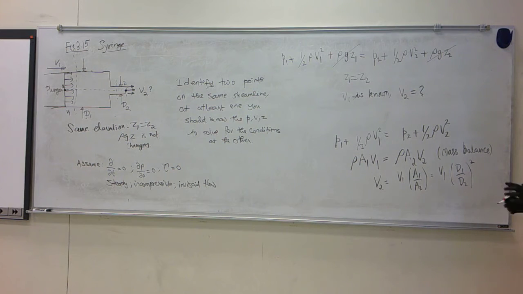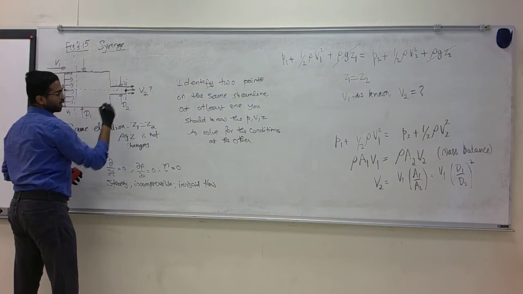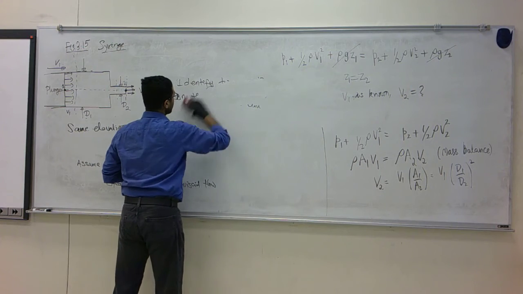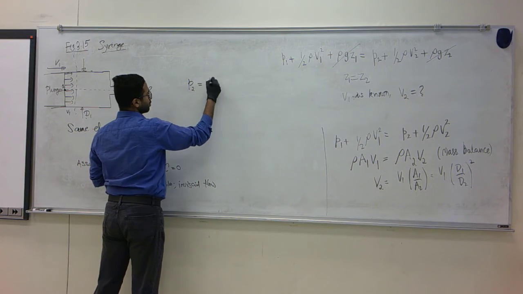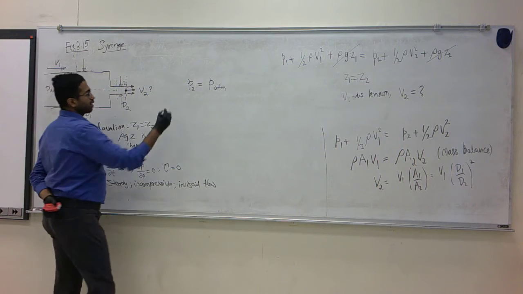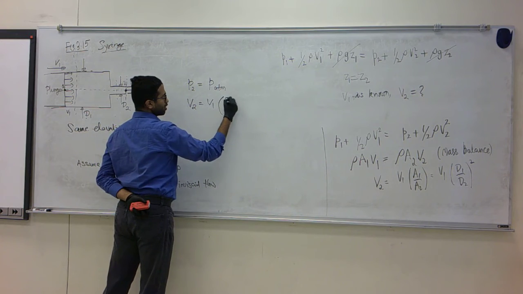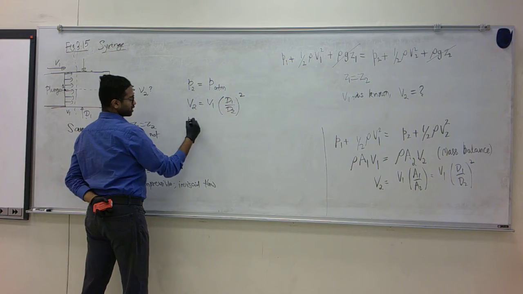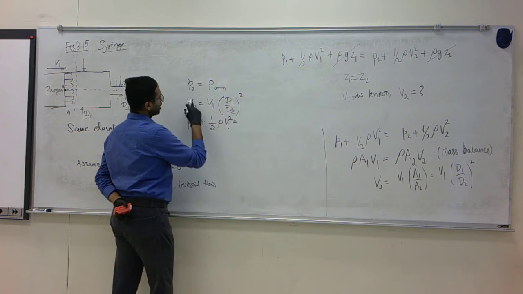Okay. Now P2 is discharging to the atmosphere, and I can write V2 is V1 times d1 over d2 whole squared.